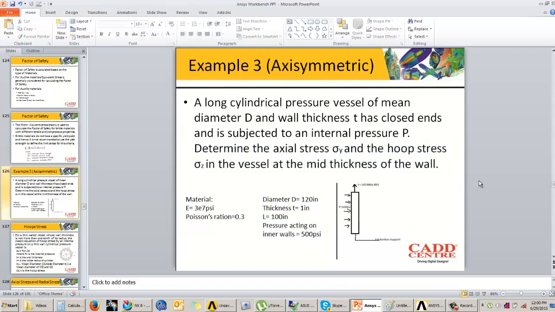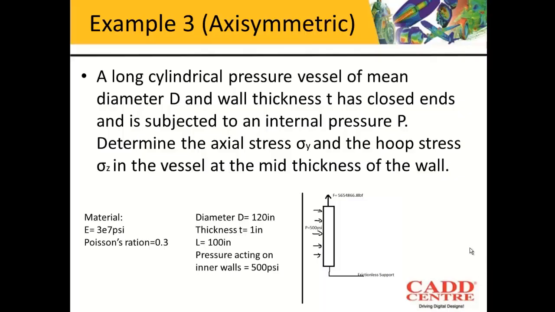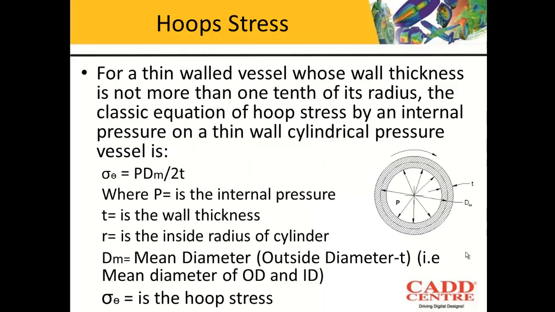Before we start solving this problem, let us first understand what is hoop stress. Whenever we have a thin walled vessel whose wall thickness is not more than 1/10 of its radius, we can calculate the hoop stress, and the equation for calculating that hoop stress is sigma theta equals P dm divided by 2T.